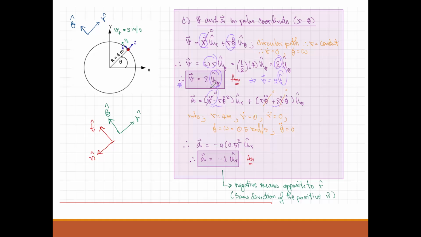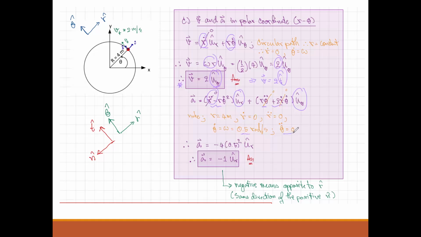For the theta component, you see that r is constant, and theta double dot becomes 0 because theta dot is 0.5, which is constant already.